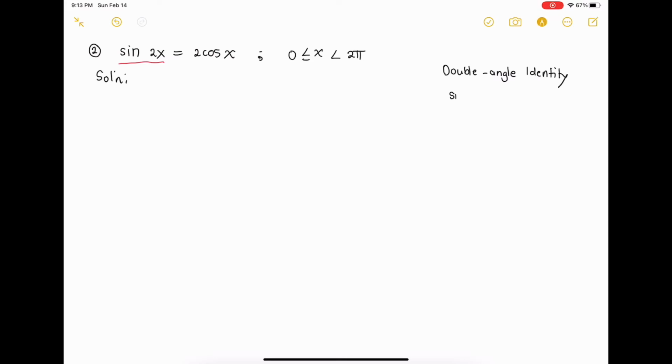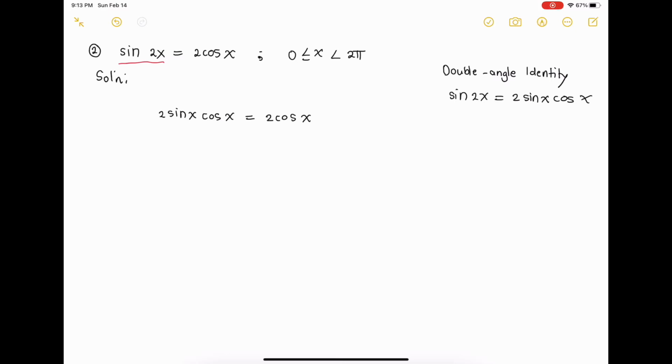This identity is, if we have sine 2x, the equivalent identity is 2 sine x cosine x. Applying this to the problem, sine 2x becomes 2 sine x cosine x equals 2 cosine x.